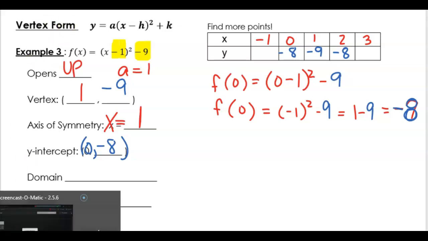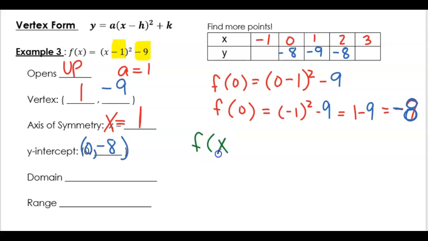Now, let's see if I can do it correctly this time. Copy down the original equation. And in place of the x, I'm going to put this -1 in place of x and figure it out.